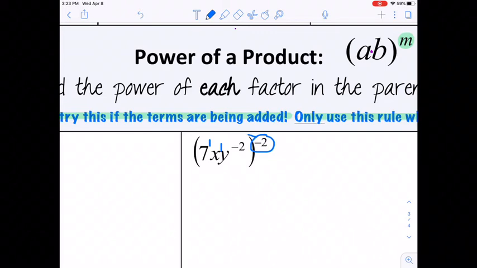So now I'm going to multiply. Negative 2 times 1 gives me 7 to the negative 2 power. Negative 2 times 1 again here gives me x to the negative 2 power. And negative 2 times negative 2 on this one gives me y to the positive 4.